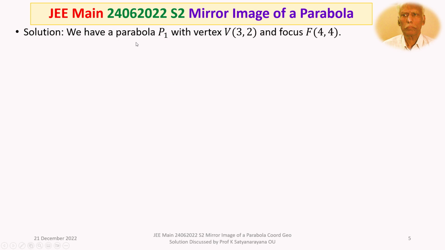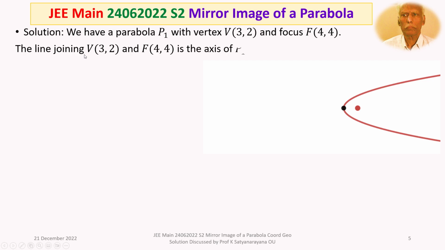We have a parabola P1 with vertex V with coordinates (3, 2) and focus F with coordinates (4, 4). So that is our parabola. This black point is V (3, 2) and the red point is F (4, 4).